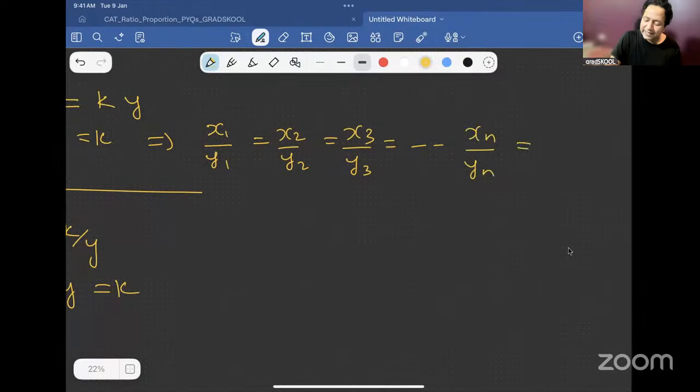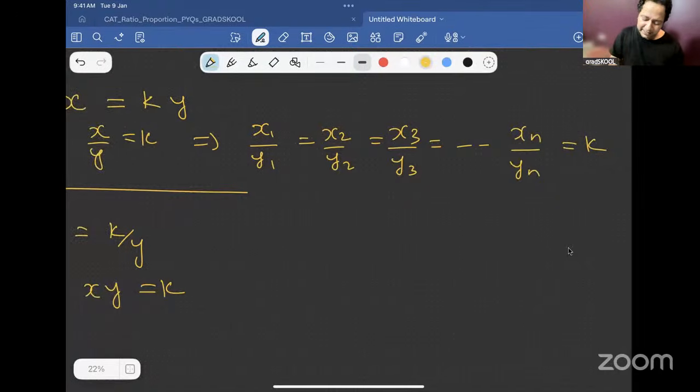So whenever we divide the values of X and Y at any particular situation, we will always get K as the constant. And in the second case, X1 Y1 is equal to X2 Y2, and so on till Xn Yn. This will always be equal to K.